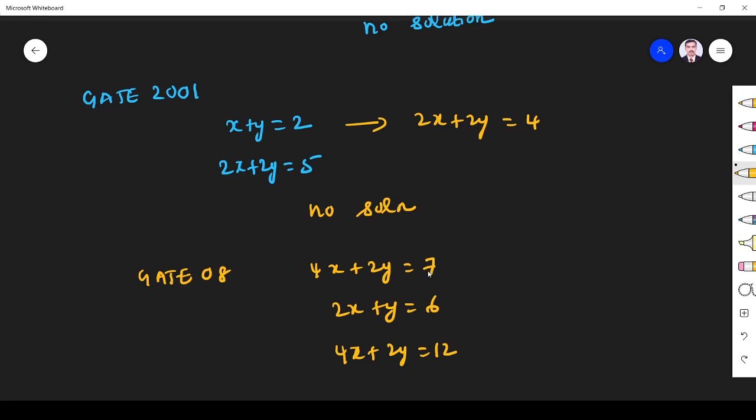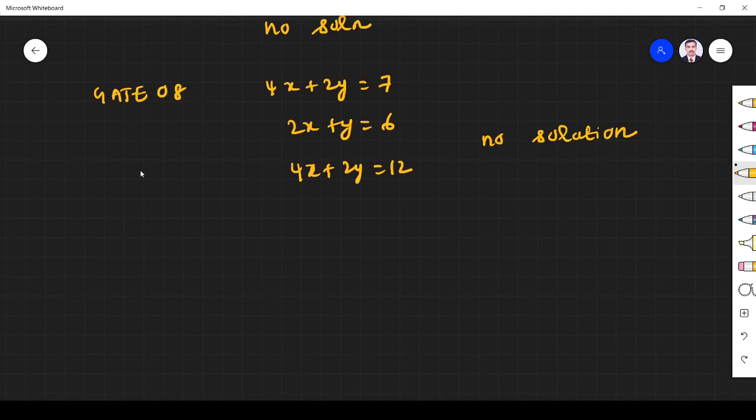If 4x plus 2y is equal to 7, it cannot be equal to 12. Both conditions cannot be satisfied at the same time. So this has no solution. In this way we can identify whether the given equations have a solution or not.